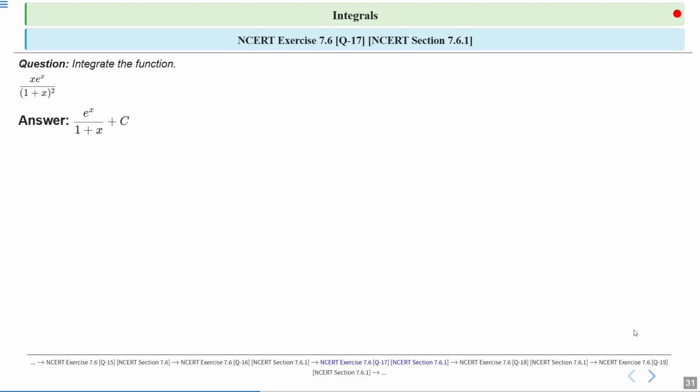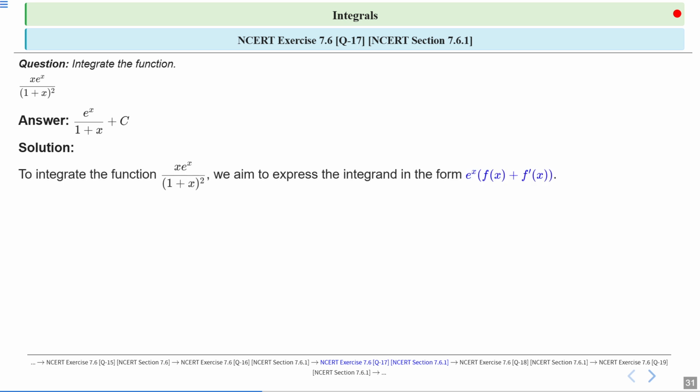So the answer is e^x by (1 plus x) plus c. Let's go to the solution part. Now we have to integrate the function x into e^x by (1 plus x) whole square. So now our aim is to express it into the special form, that is e^x into (f(x) plus f dash x).